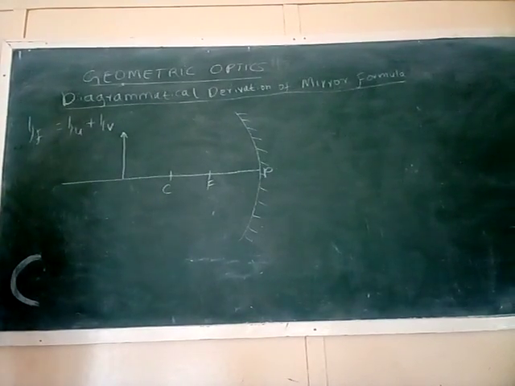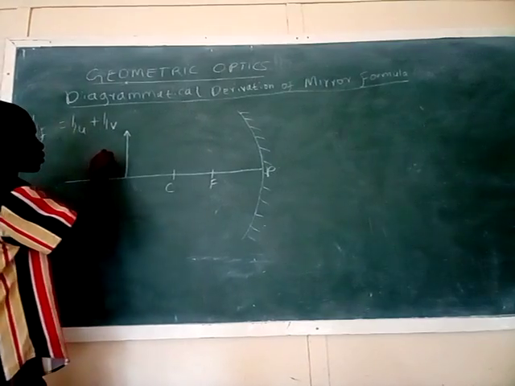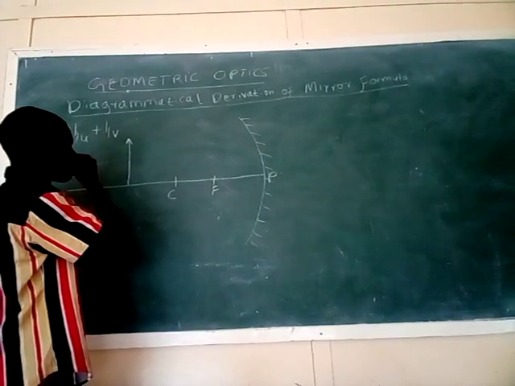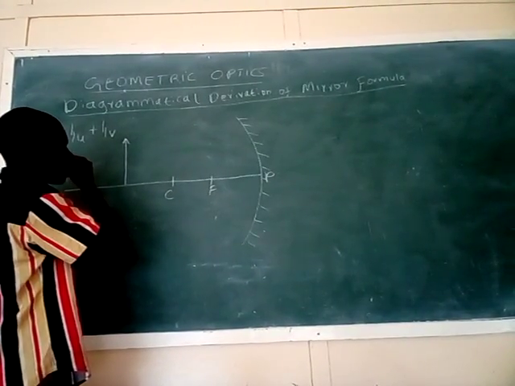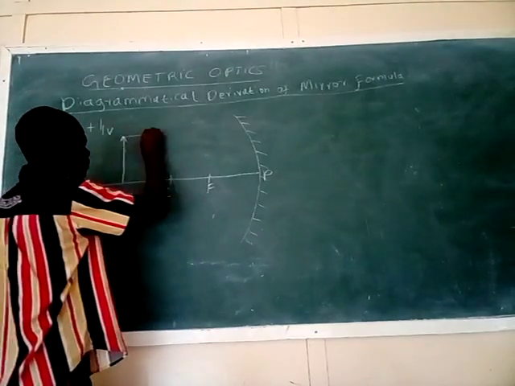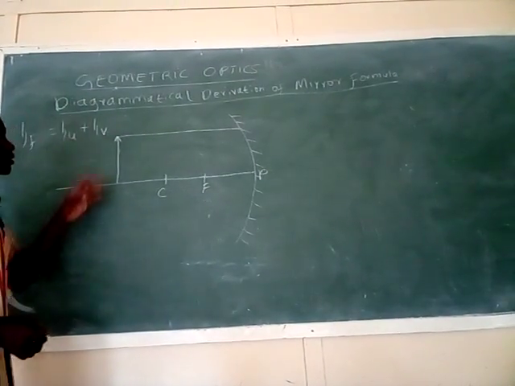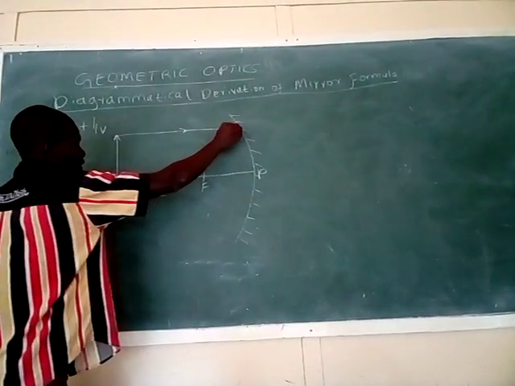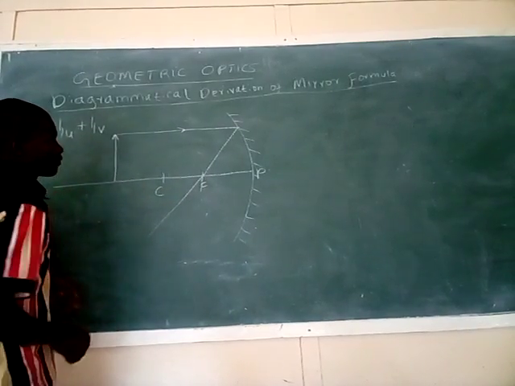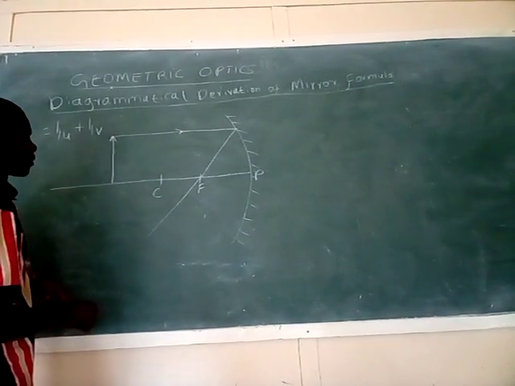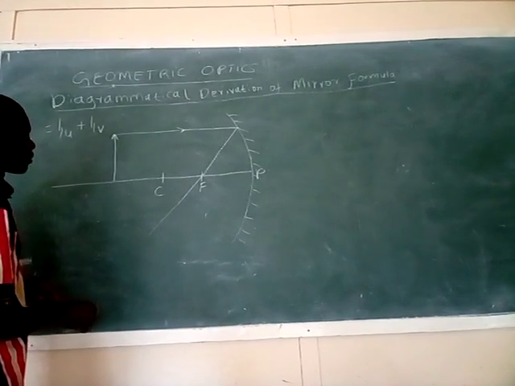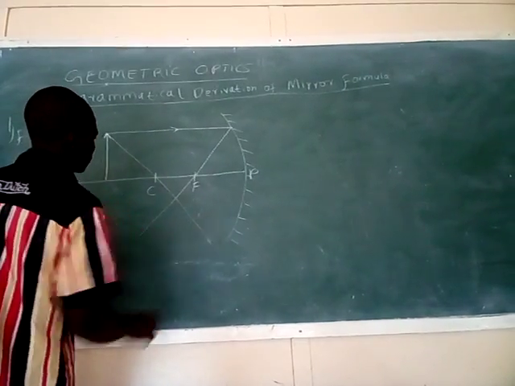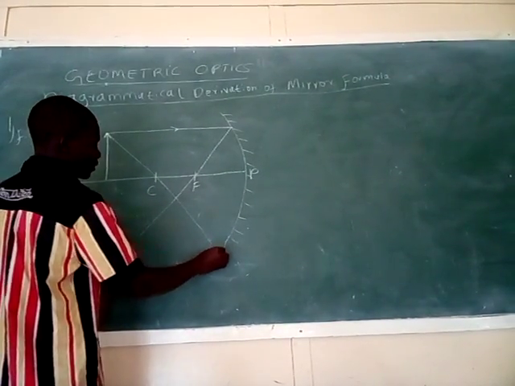Now, let's use a ray parallel to the principal axis, close to the principal axis, which is reflected through the focal point F. Then we have a ray passing through C, which is going to be undeviated.